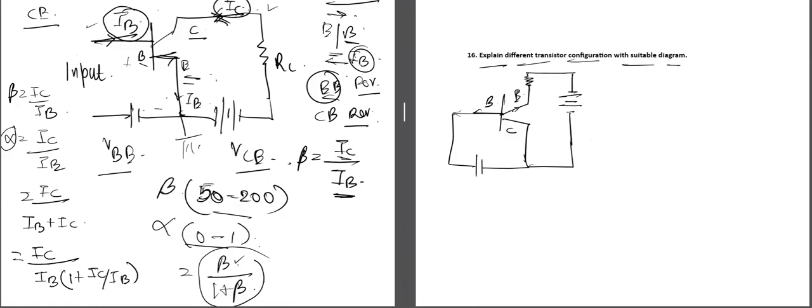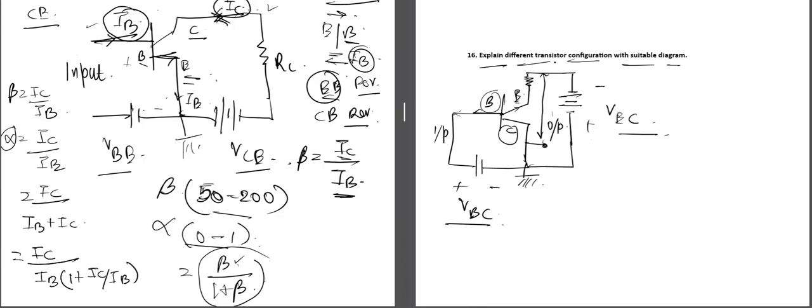This is the input voltage VBC, because the input voltage is applied between the base terminal and the collector terminal. And this is the output voltage VEC, applied between the emitter terminal and the collector terminal. The collector terminal is connected to the ground, the input is applied at the base terminal and the output is taken across the emitter terminal.